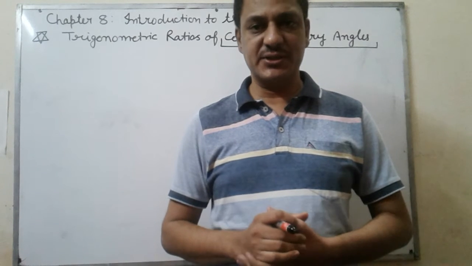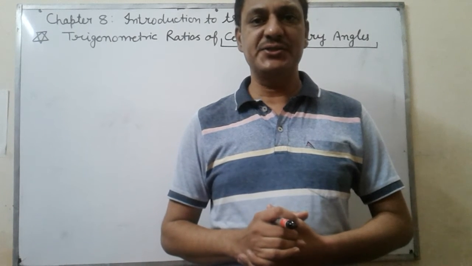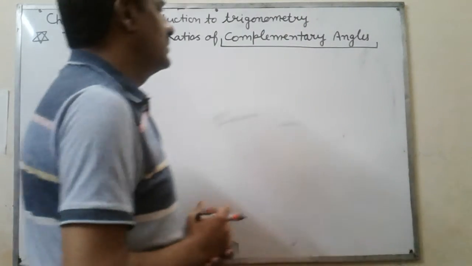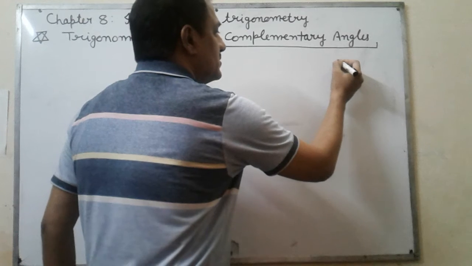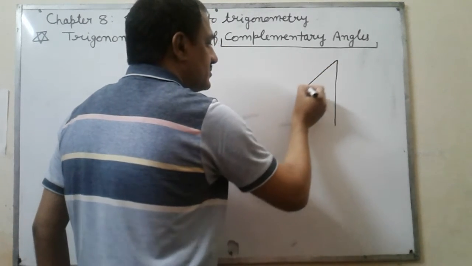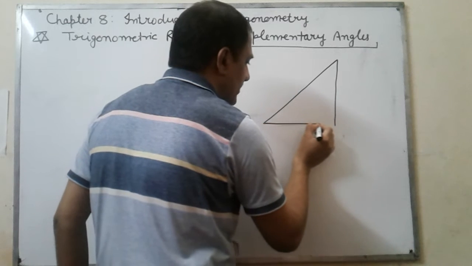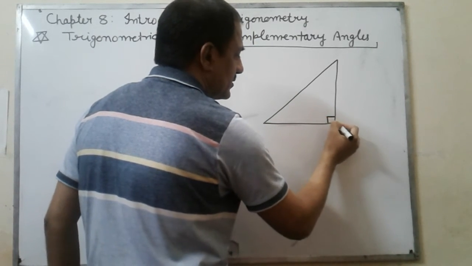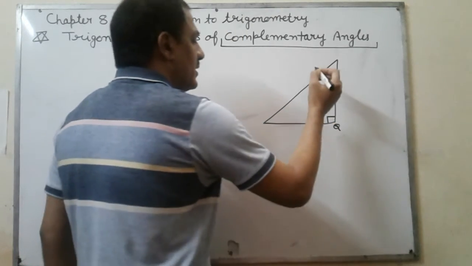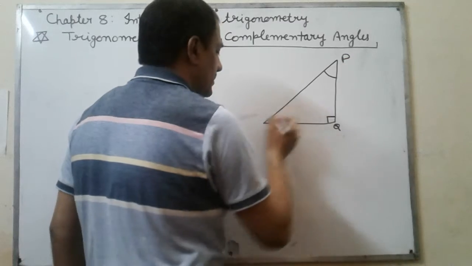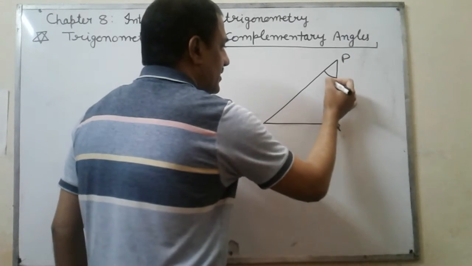Today I am going to discuss trigonometric ratios of complementary angles. Suppose this is a right angle triangle, right-angled at point Q. Let the value of this angle be theta.